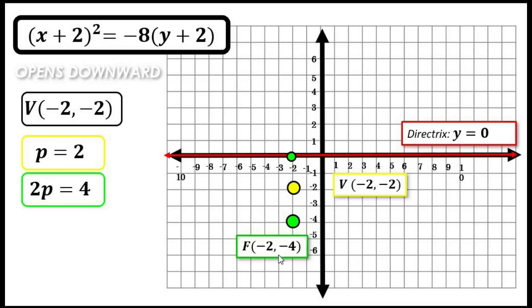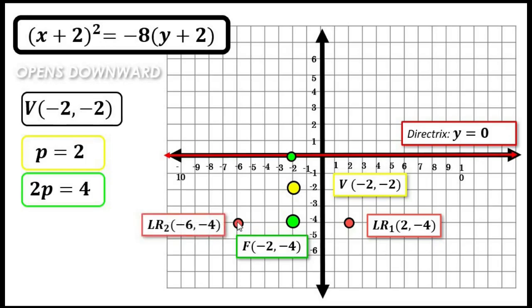So from negative 2, negative 4, let's count 4 units to the right and to the left. So let's count first 4 units to the right. That will be 1, 2, 3, 4. The first endpoint of the latus rectum is plotted at 2, negative 4. And then 4 units to the left, the other endpoint is plotted at negative 6, negative 4.